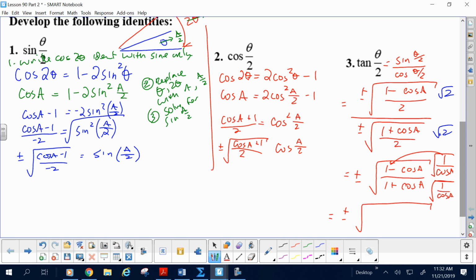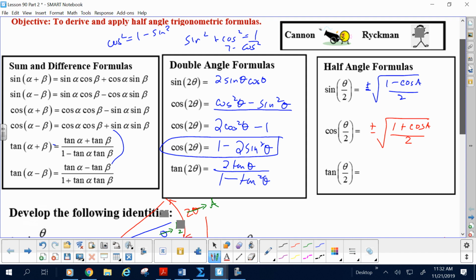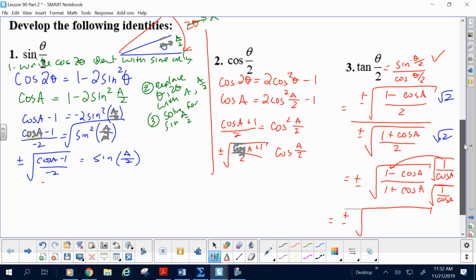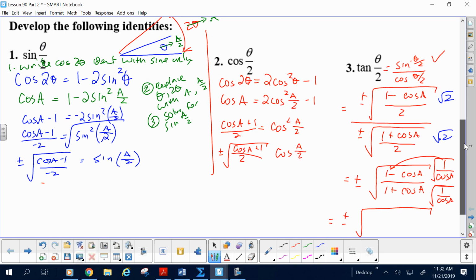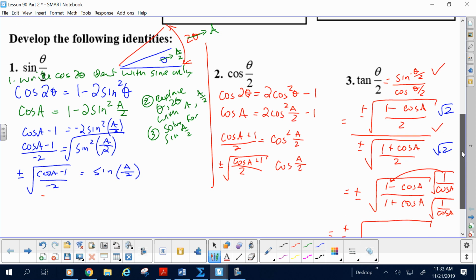Okay, so first of all, let's go back here. Do you agree that tangent is sine over cosine? Yes, sir. Okay, so we're all good so far. Do you agree that we just found that sine of theta over 2 is the square root of 1 minus cosine over 2, and that cosine of theta over 2 is 1 plus cosine over 2?